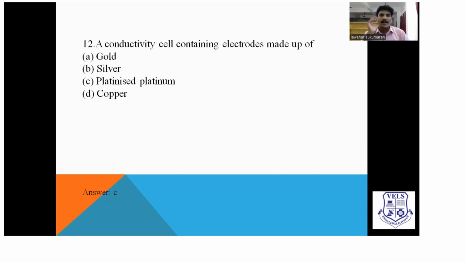Electrodes are made up of platinum because it's inert. See, this also says platinum is the correct answer. Last question, external EMF, Daniel cell, correct. That is Daniel cell. This is a conductivity cell containing electrodes made up of platinum. Okay.